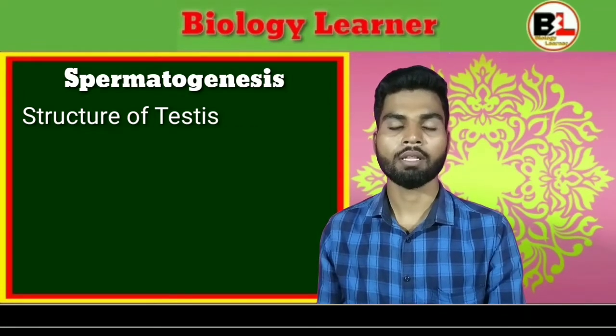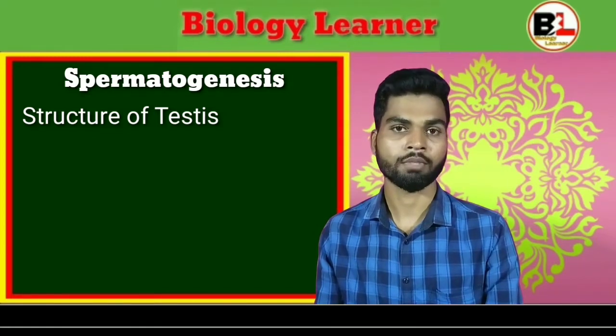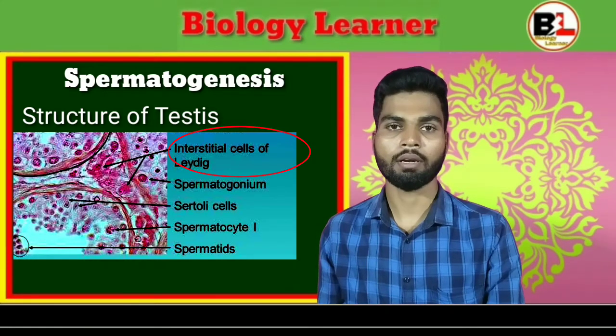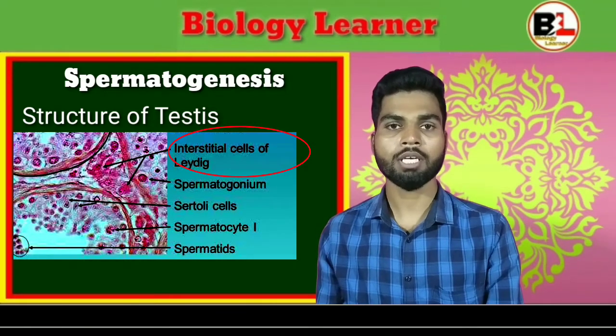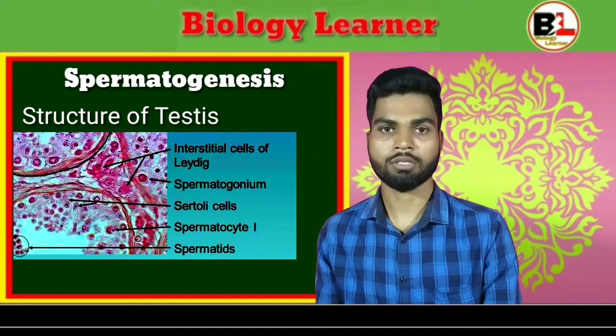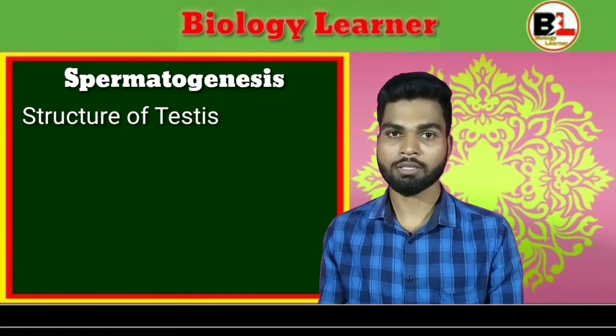Besides these, there is another type of cell outside the seminiferous tubule, called the interstitial cell, or the cells of Leydig. The cells of Leydig produce the male sex hormone, testosterone. So this is all about the testes.